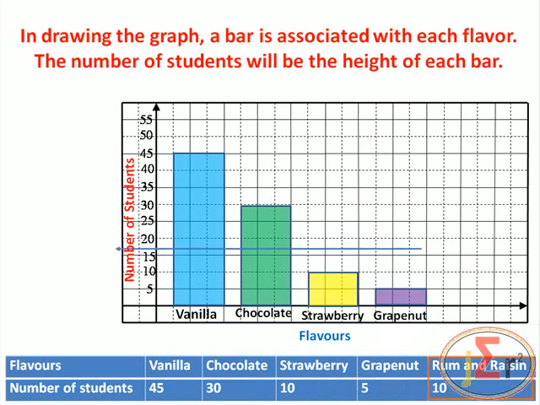Also, the height of the bar for Roman raisin will be 10. So it is as easy as that. We have each flavor and we have the number of students associated with each flavor, and the number of students is represented by the height of the respective bar.